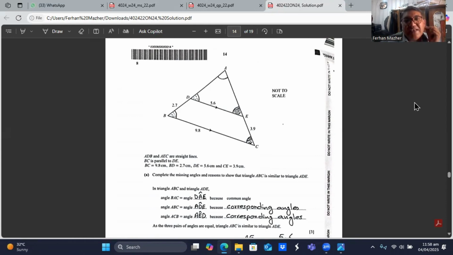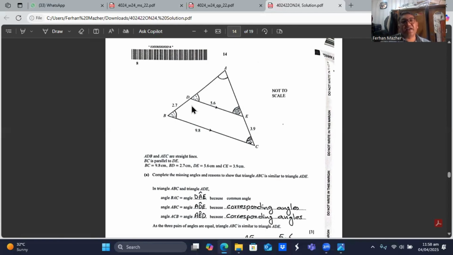So the angle BAC is equal to the angle DAE because they are the common angles. Angle ABC is equal to the angle ADE because they are the corresponding angles of the parallel lines. And the angle ACB is equal to the angle AED because they are the corresponding angles of the parallel lines. As the 3 pairs of the angles are equal, triangle ABC is similar to the triangle ADE.